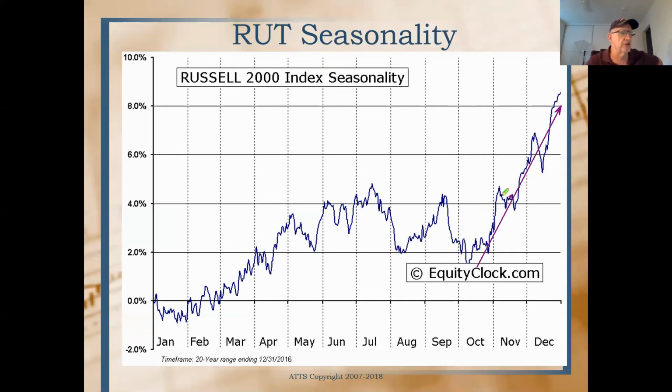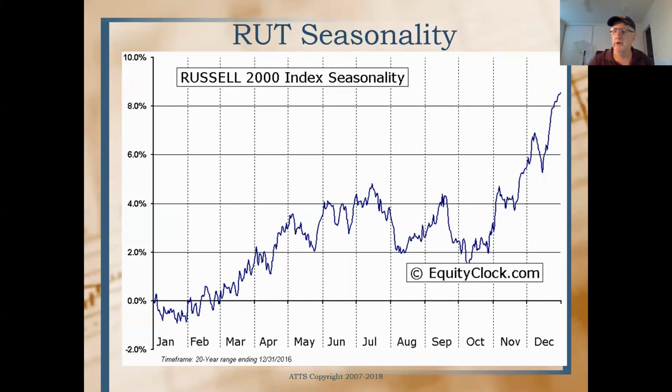So we want to position ourselves, or at least expect, that Russell can get a small run into about mid-September. September is typically a poor month for all indexes, with basically a sideways move or even a down move. But what it does is give you a golden setup for the end of the year run. And again, Russell has a seasonal tendency to put on a heavy duty run going into the end of the month. So we want to be paying attention to that.